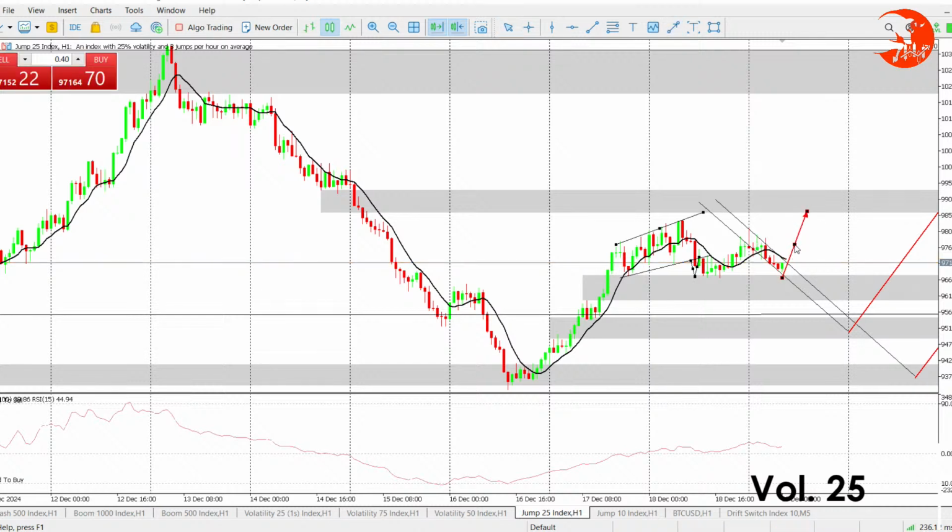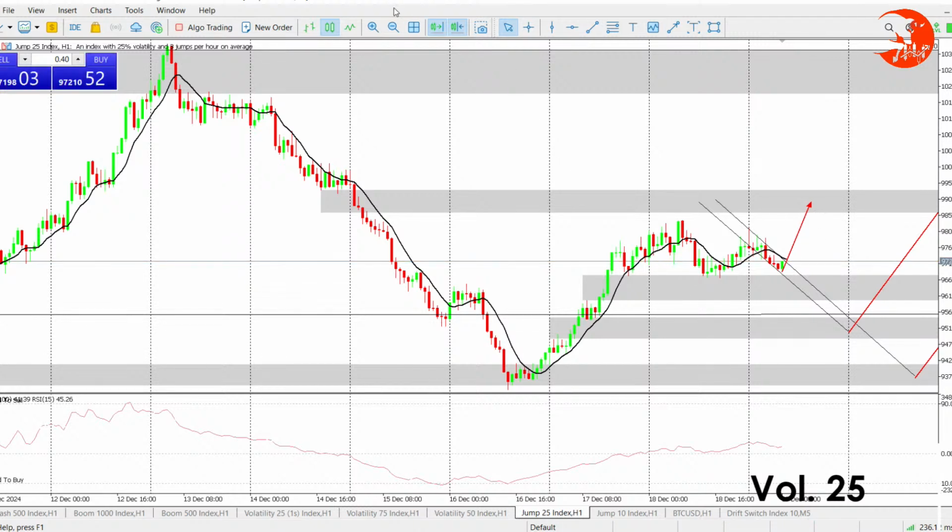That's why jump 25 is very tricky for anyone who doesn't follow it patiently. You make some weird mistakes that can cause you losses. So you need to be patient with jump 25. So this move right here is still on, the move to reach there.